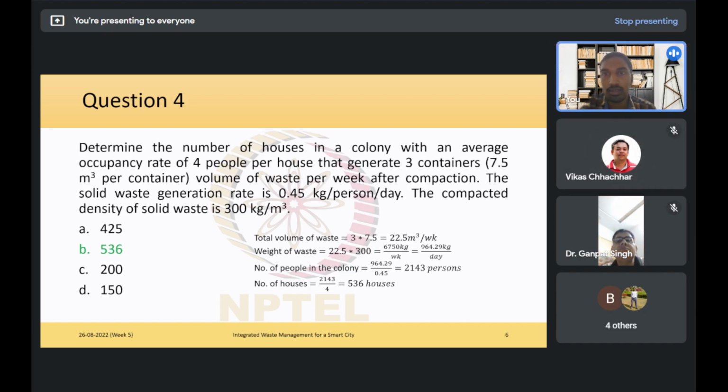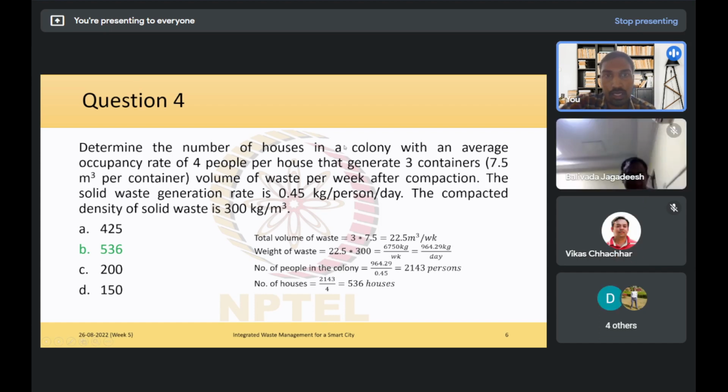Okay, so the question here is we have a certain number of households in a particular colony. We don't know how many, some number of houses. What we are told is the average occupancy rate of this colony is 4 people per house. And these houses generate 3 containers of compacted waste per week. We are also given the volume of each container, which is 7.5 cubic meters.